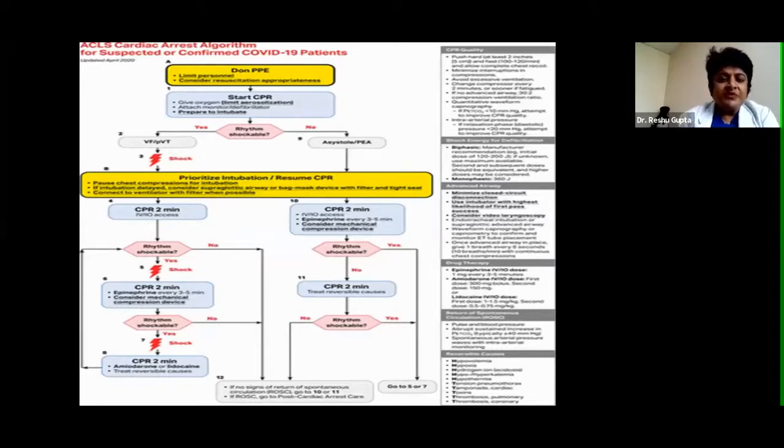So during COVID time, we should also know what the differences are. It's almost the same, but the do's and don'ts are a little bit changed. During COVID, you should know that we have to limit the personnel who are there and consider resuscitation appropriately.